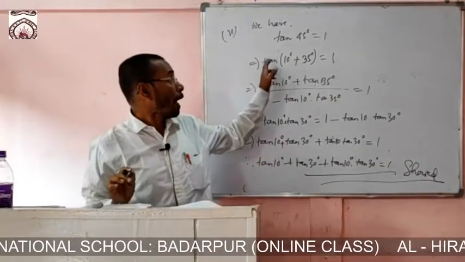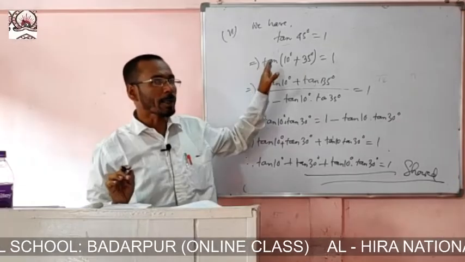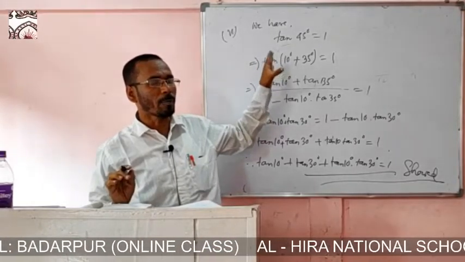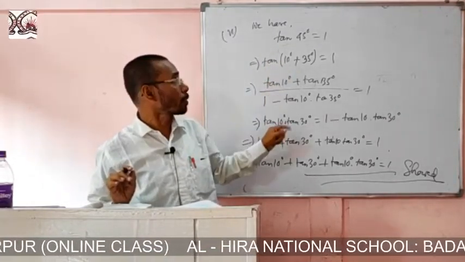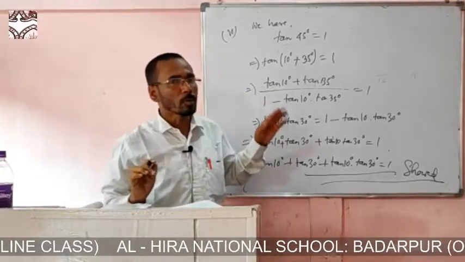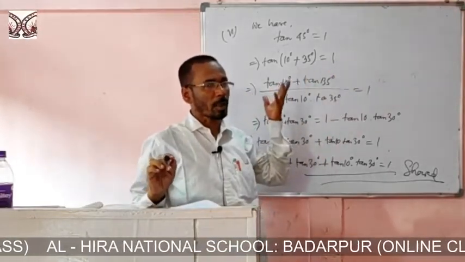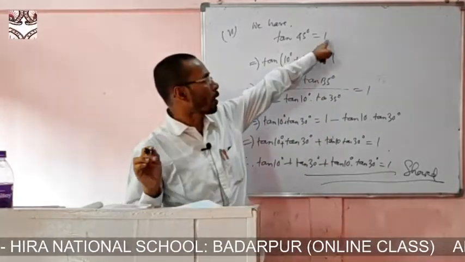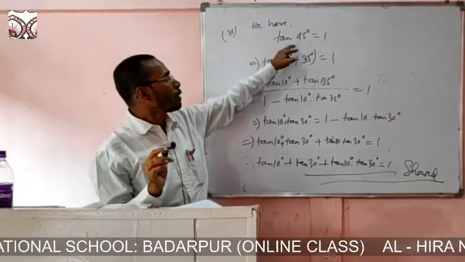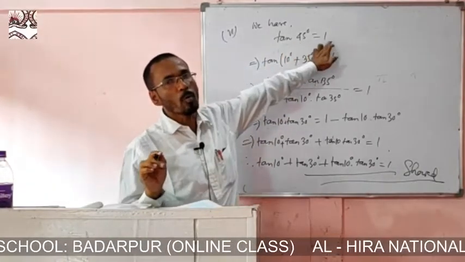Earlier, the formula you can directly put, sine A plus B, cos A plus B, but here in this sum you see from the right hand side we are starting, because the right hand side is 1 and we know the value of tan 45 degree is equal to 1.